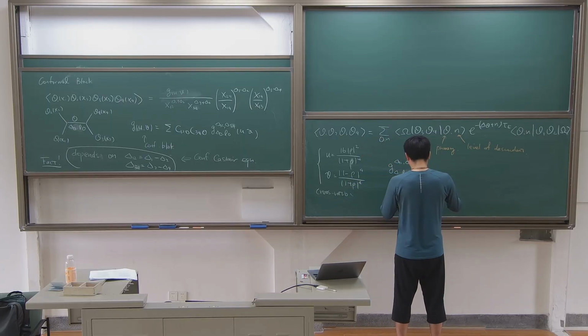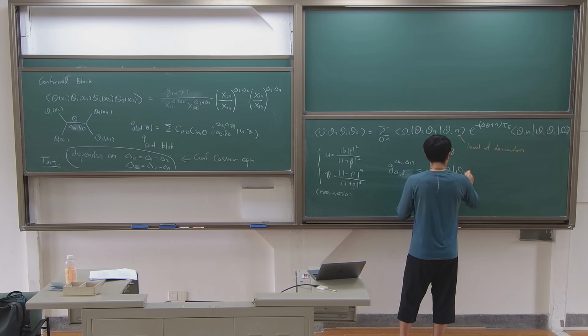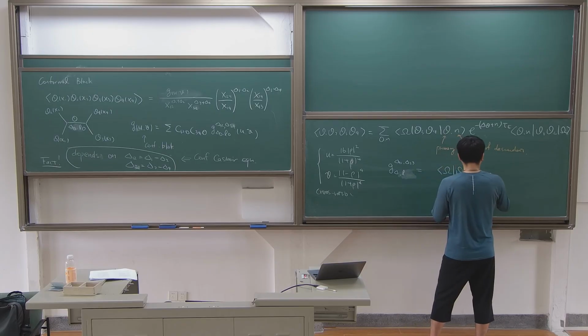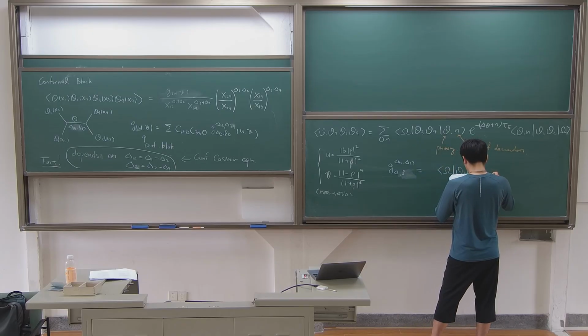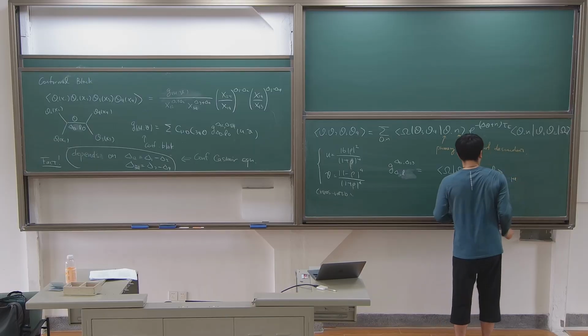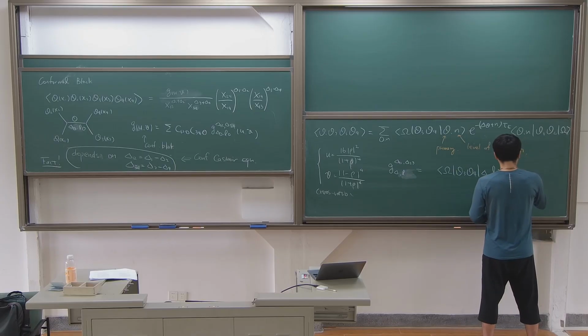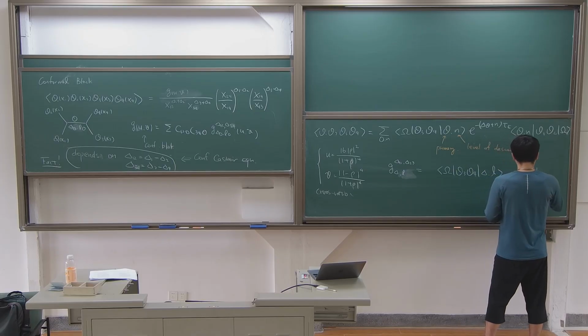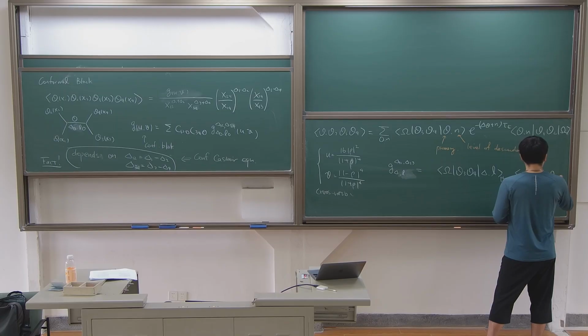The vacuum, operators 3 and 4, and then delta and L, with indices mu 1 through mu L, and also you consider delta L, operators 1 and 2.